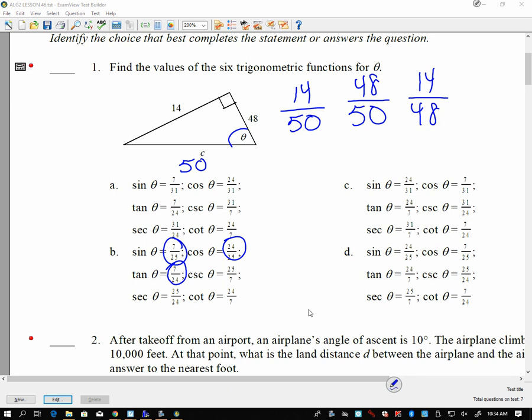What was sine? 7/25. So what is cosecant? 25/7. All right. What was reciprocal to cosine? Secant. All right. So if I know that cosine was 24 over 25, then secant should be 25 over 24. And if I know that tangent was 7 over 24, then what's cotangent?